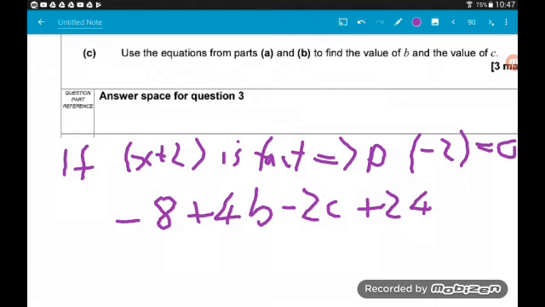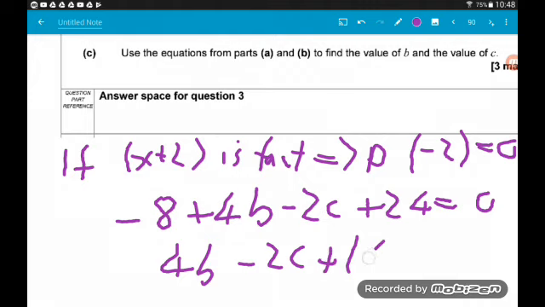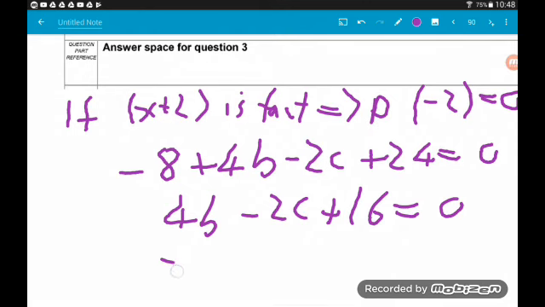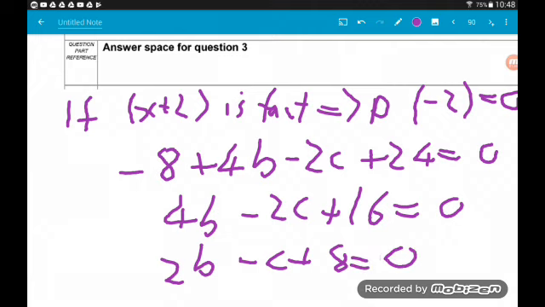Now we know that that has to equal 0. So minus 8 plus 24 is 16, so we've got 4b minus 2c plus 16 is equal to 0, and then if we divide by 2, we get 2b minus c plus 8 is equal to 0, as they wanted us to show.